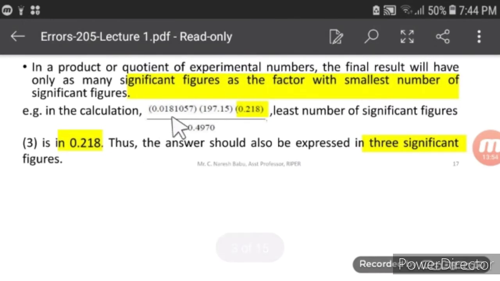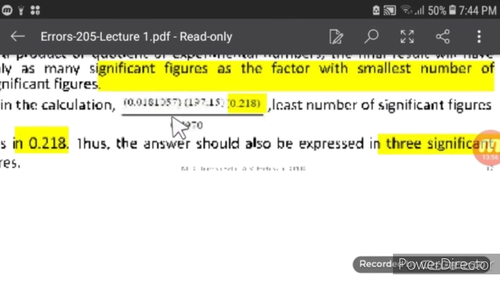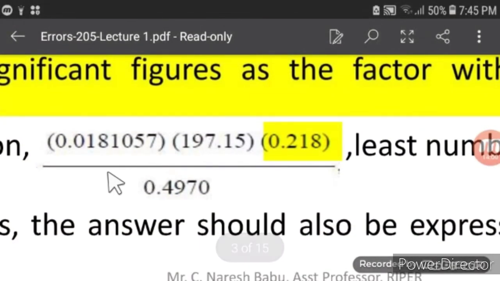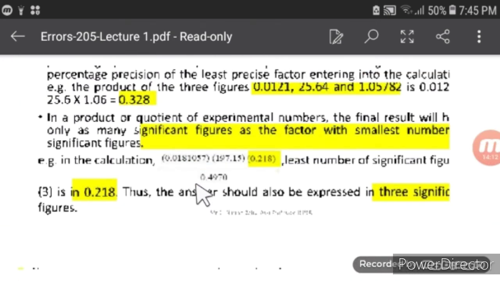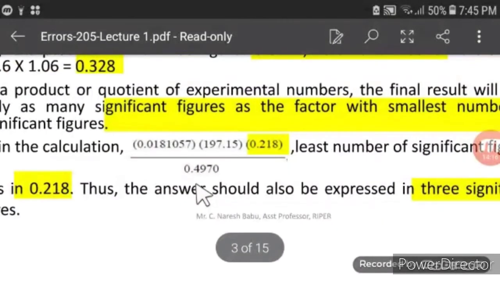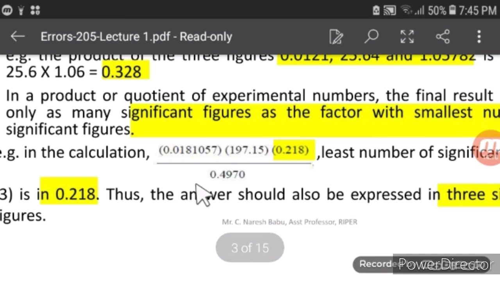Let me just locate it. Yes, 0.018057 multiplied by 197.15 multiplied by 0.218, then divided by 0.4970. The least number of significant figures is in 0.218.